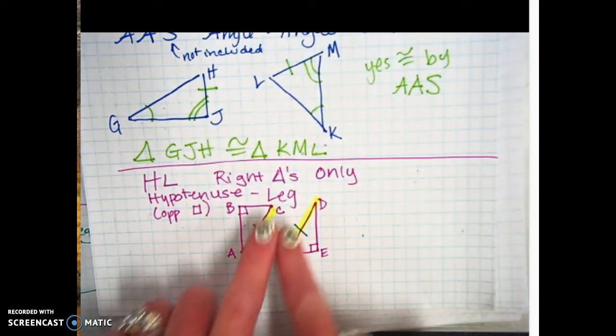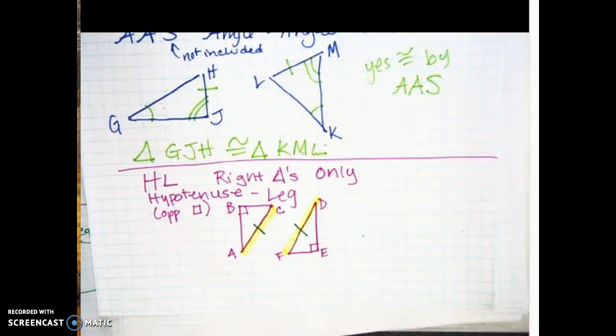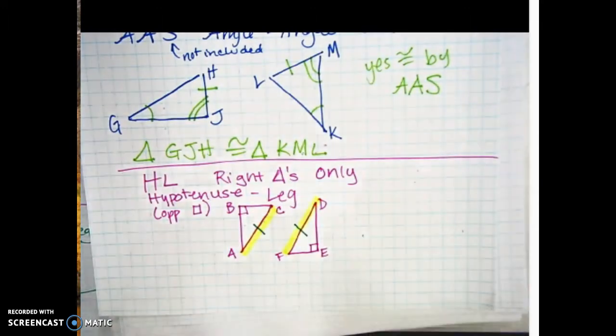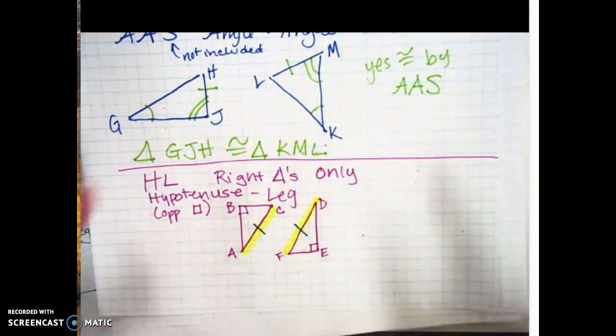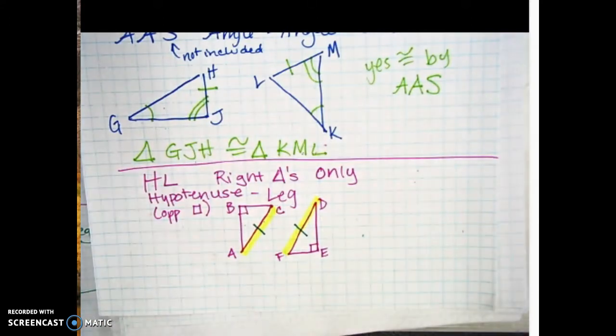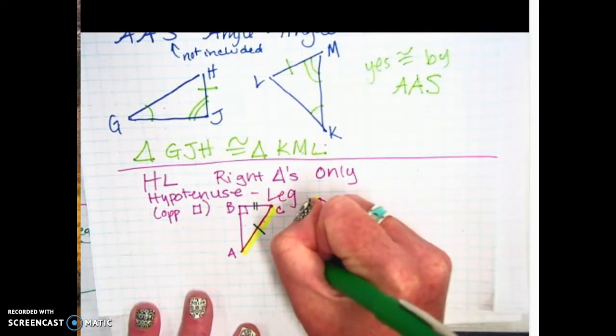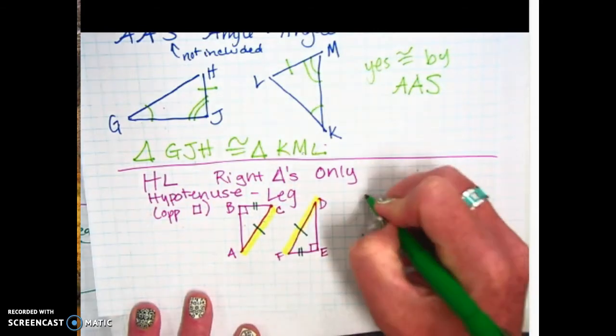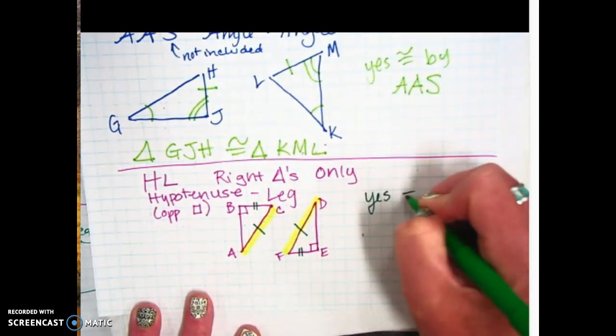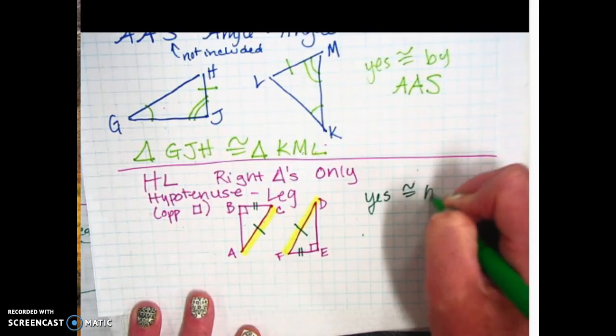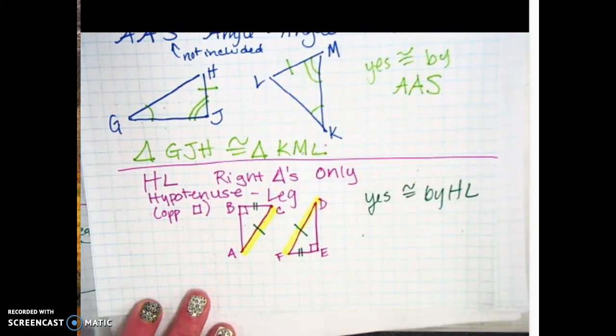And then it can be either leg. So on right triangles, you have two legs. It can either be the short leg or the long leg. Or if you have a perfect right triangle, both those sides are going to be congruent. So we'll do the short leg on this one. We'll put a double tick on BC and a double tick on FE. So we say yes, these two triangles are congruent by HL, hypotenuse leg.